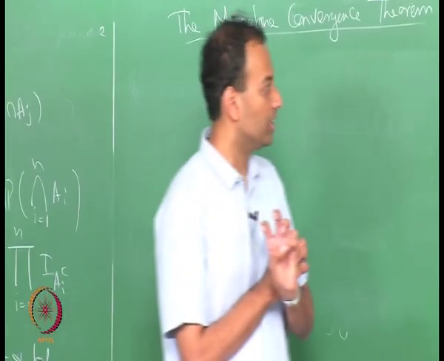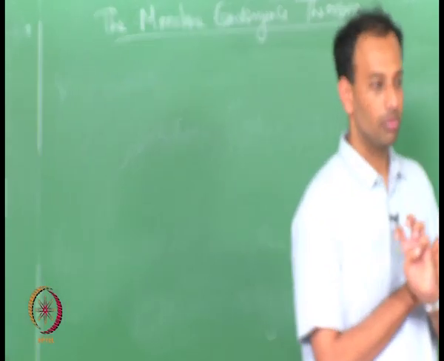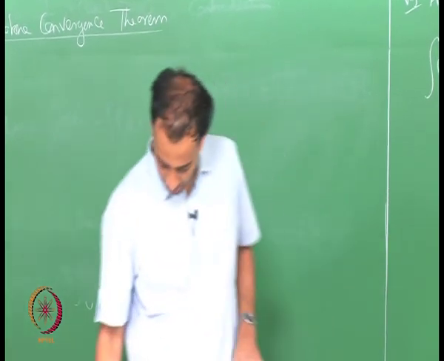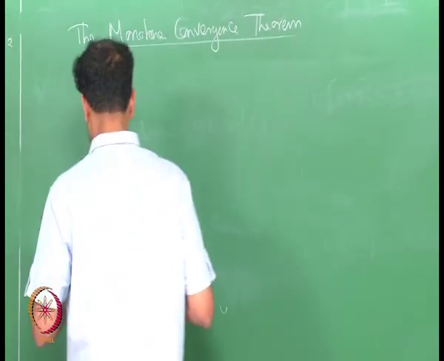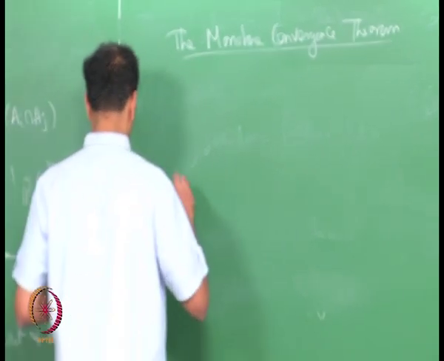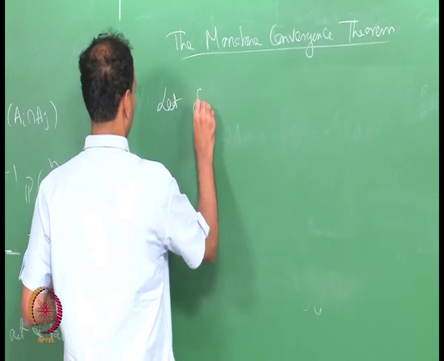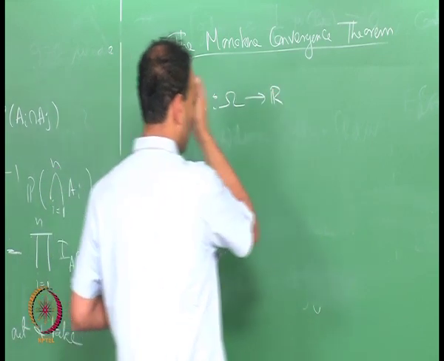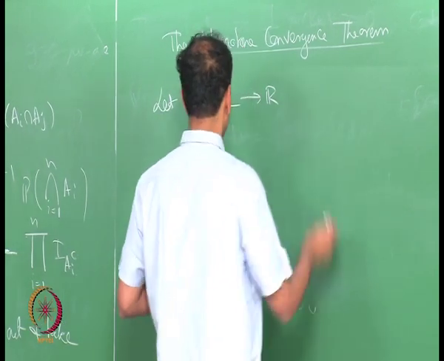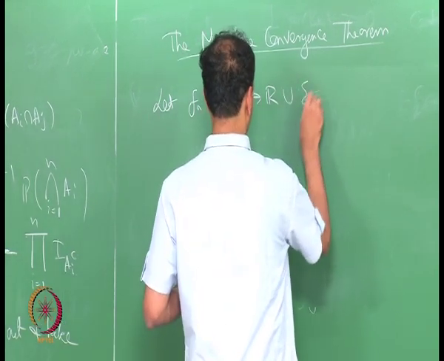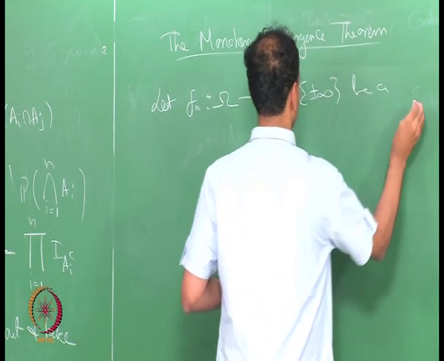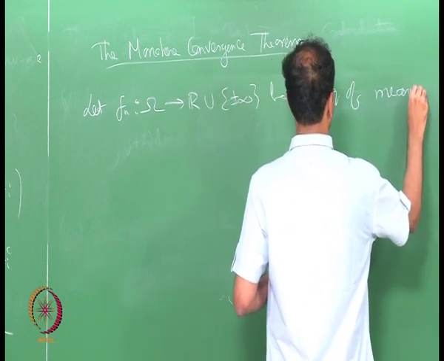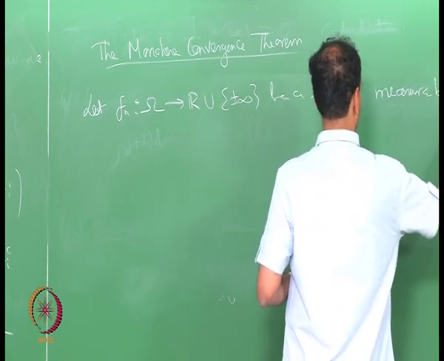But before I state this properly, I want to define some concepts on convergence of functions. Let f_n from omega to R, this could actually be R union plus or minus infinity as well, be a sequence of measurable functions.